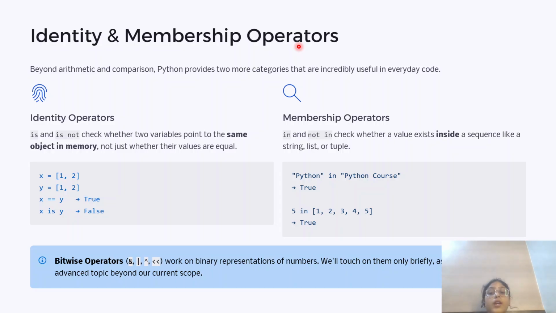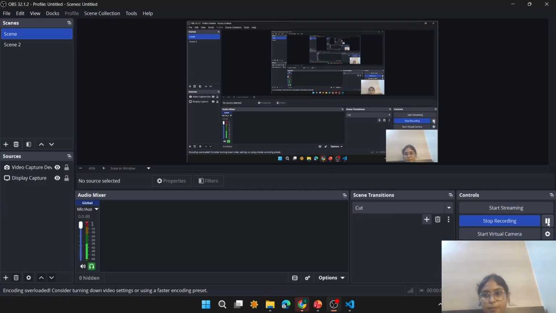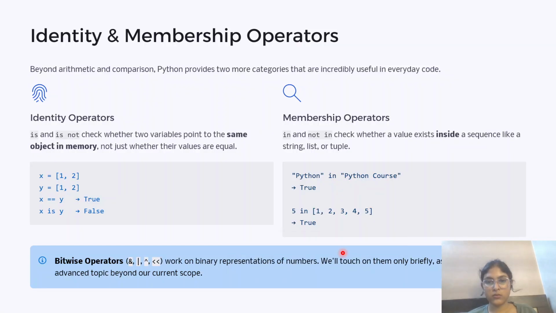Okay. Now the membership operator. It is another useful category. It has two types, in and not in. These operators check whether something exists inside another object or not. Think about YouTube. Suppose you search Python.